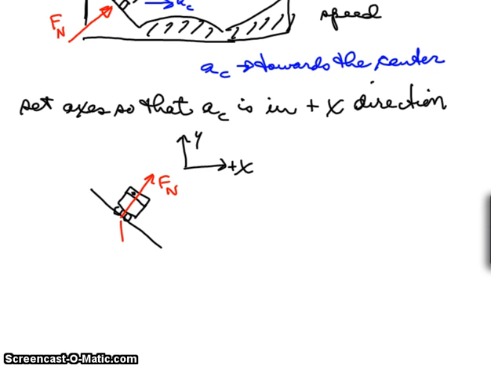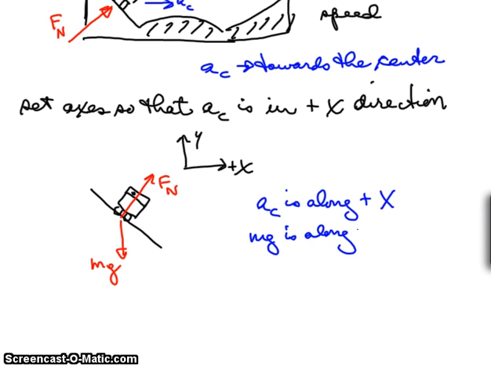We have mg going straight down like that. So a sub c, the centripetal acceleration, is along the plus x, and mg is along the minus y direction.